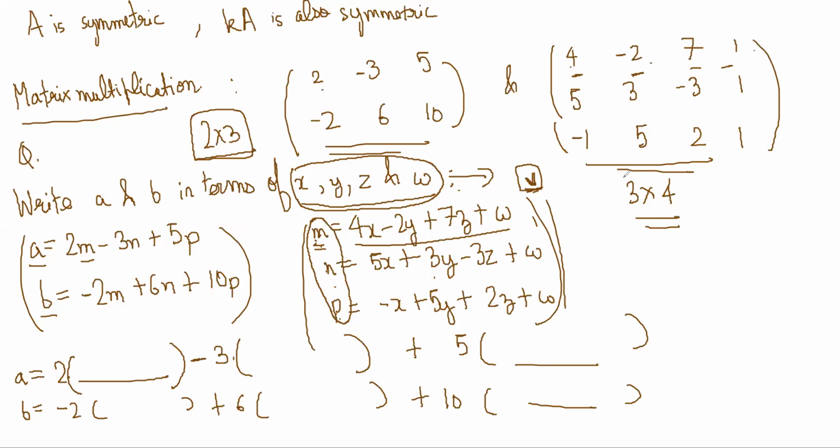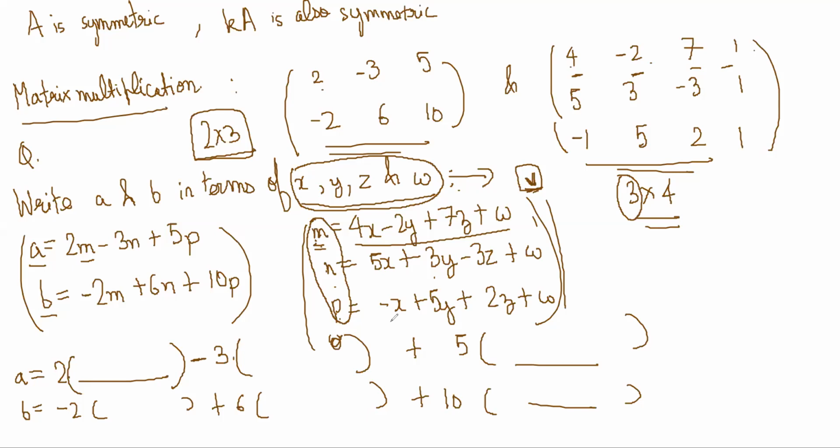If you introduce another M and P term here, then that term would also be dependent on this, so that term is also in XYZ. Then A and B would have been M and P, and you would have gotten M and P in terms of XYZ.